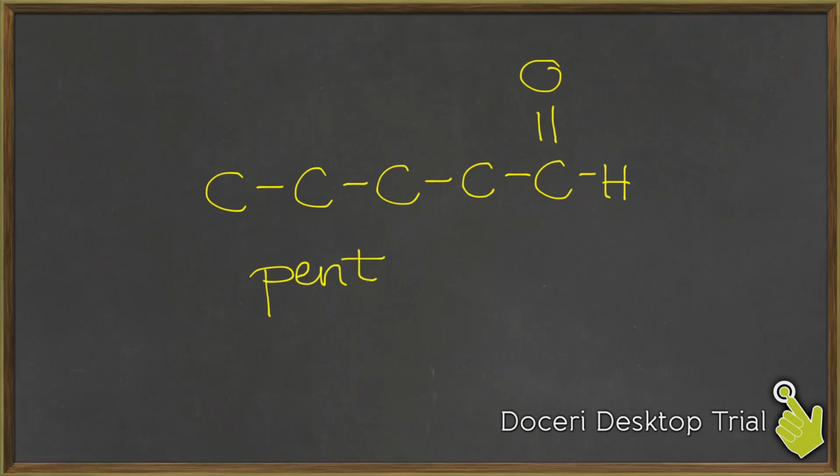So I get this pent prefix, pentane, because it's all single bonds. Okay, and aldehydes, sort of similar to alcohols, they get an Al ending. Don't confuse that with Ol for alcohols. This is pentanal, all right?